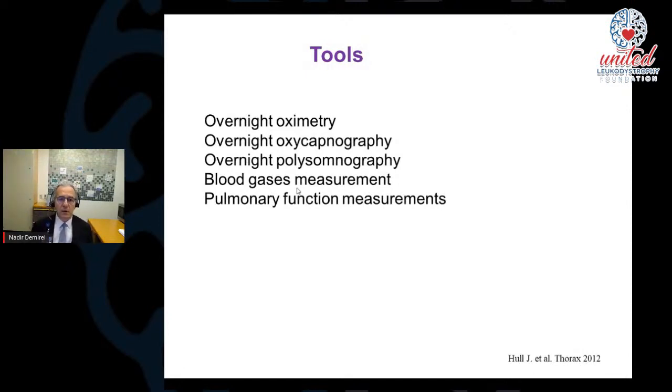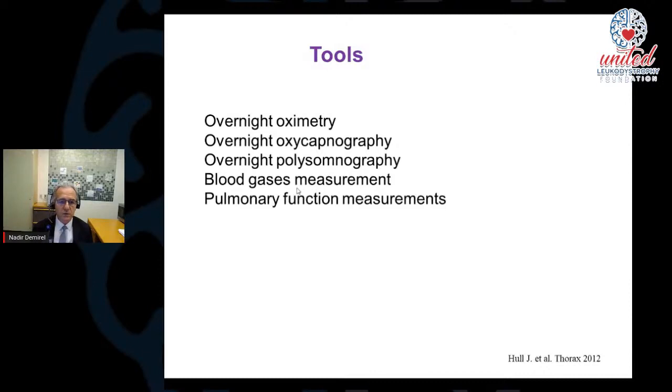The first one is overnight oximetry. Obviously, when someone develops hypoventilation, this starts at night, because we all sleep with relaxed muscles. So compared to the daytime, everybody tends to have hypoventilation during sleep, particularly if you have any obstructive sleep apnea or central sleep apnea. This will affect the movement of air in and out. So you start to develop hypoventilation based on that.